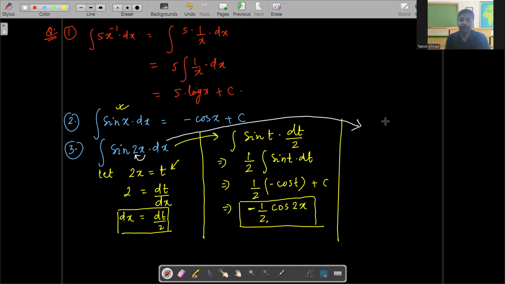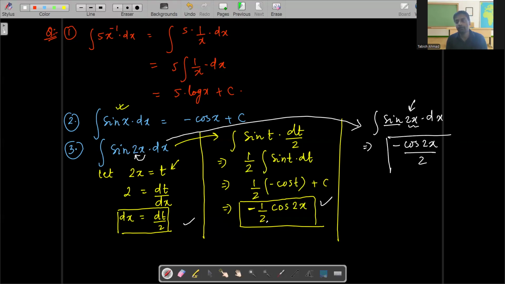So whenever you have the integration of sin 2x dx, do nothing, just integrate sin of the angle. The integration of sin theta is negative cos of that angle, cos 2x. Now divide by that multiplier, that is by 2. So you don't need to do all these steps. Always remember this and you can find it directly. The same thing is here: negative cos 2x over 2. Got it? I will take some questions on this.